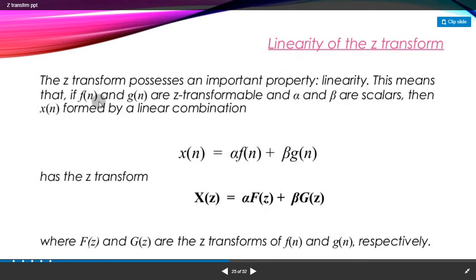This means that if f(n) and g(n) are Z transformable and alpha and beta are scalars, then x(n) formed by a linear combination, which could be written as x(n) equals alpha f(n) plus beta g(n), has the Z transform X(z) equal to alpha F(z) plus beta G(z), where F(z) and G(z) are the Z transforms of f(n) and g(n) respectively.